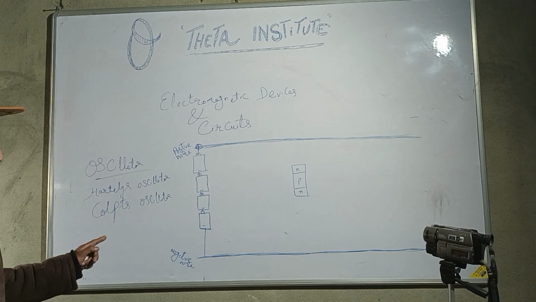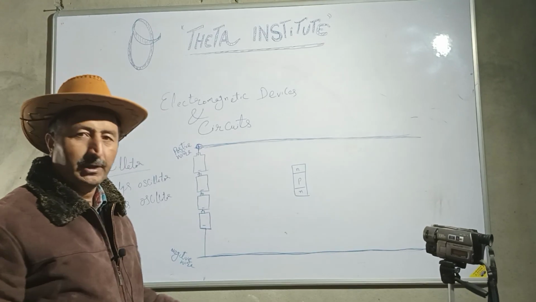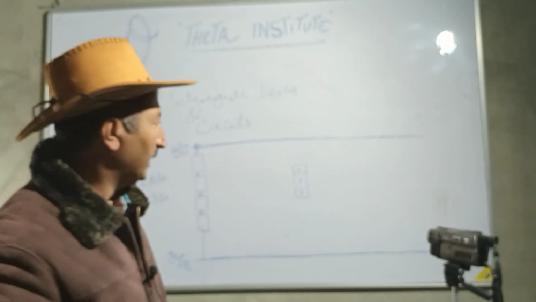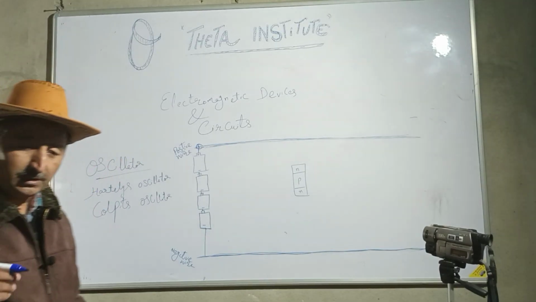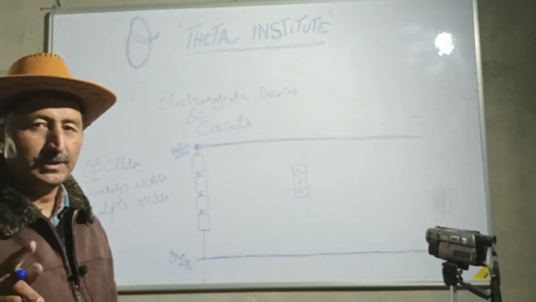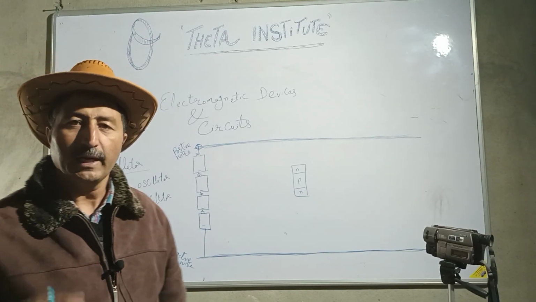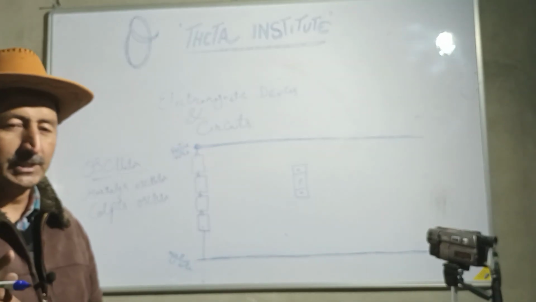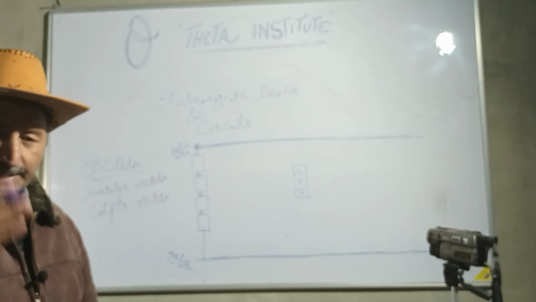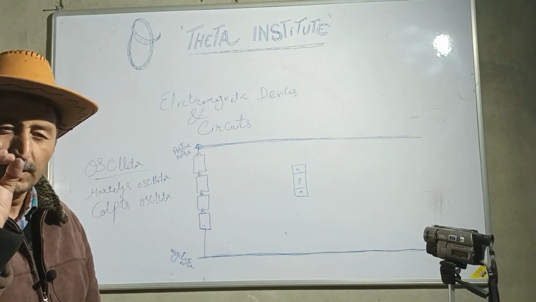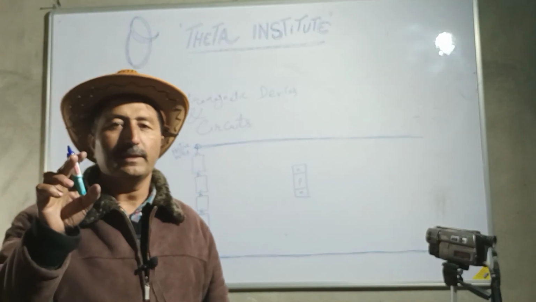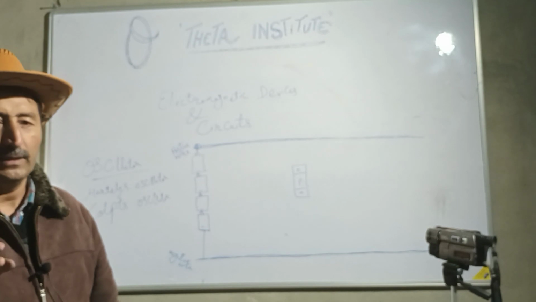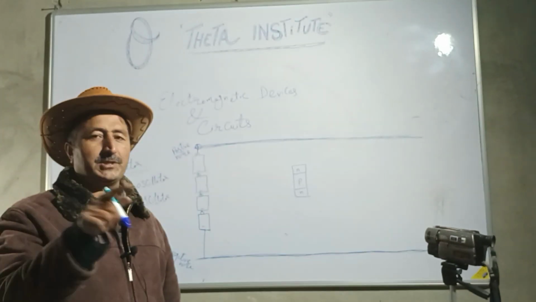Now make a parallel combination of a capacitor and a coil. We should take a coil of smaller turns because we have to make a high frequency oscillator. A high frequency or ultra high frequency oscillator needs a coil, that is an inductance, of smaller turns.